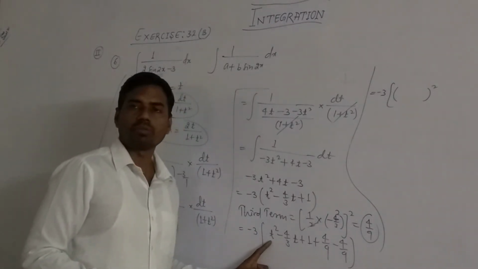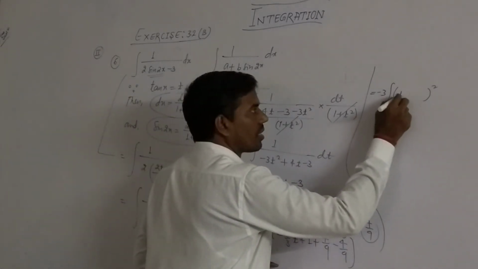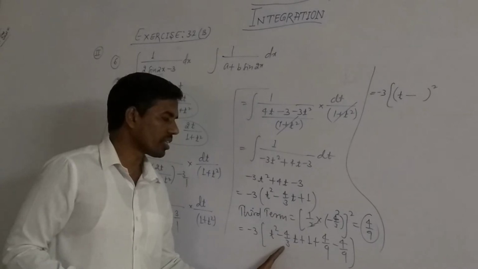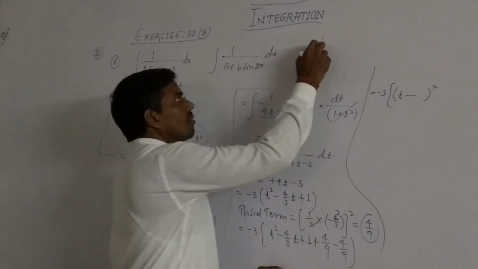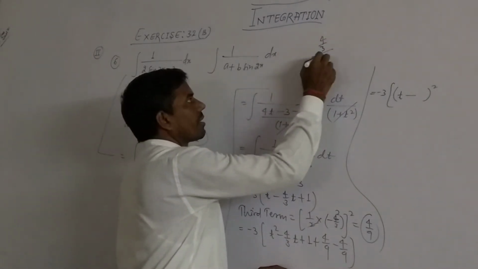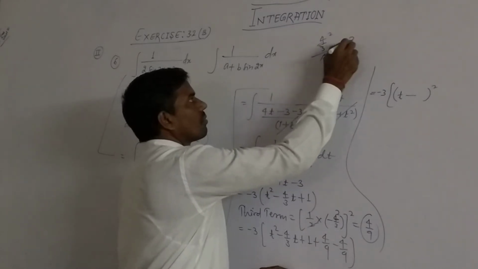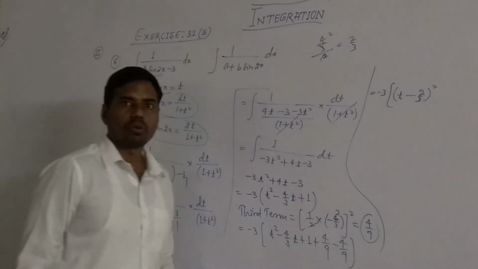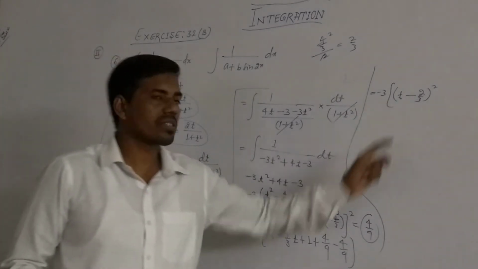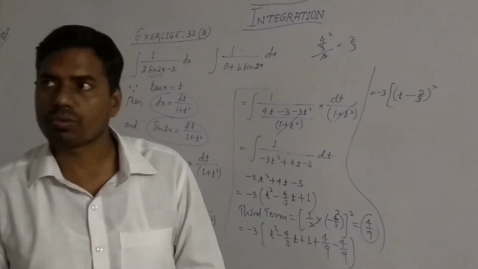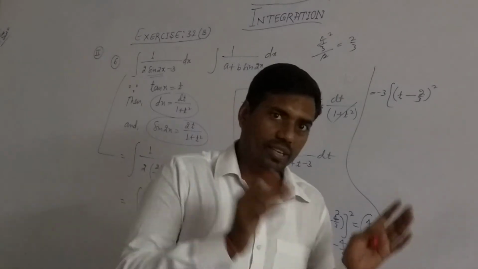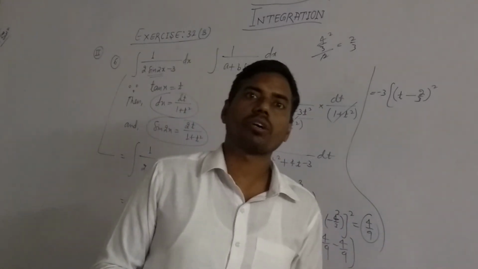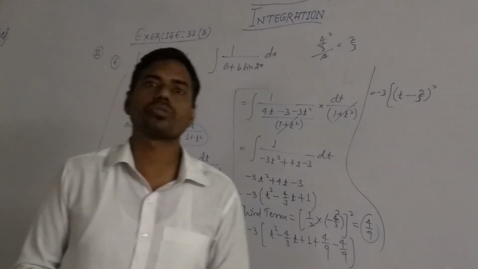Taking the square root of t square, that is t, minus the coefficient of t divided by 2, that is 4/3 divided by 2, which is 2/3. This is t minus 2/3 whole square, and we know that a minus b whole square has three terms: a square plus b square minus 2ab.